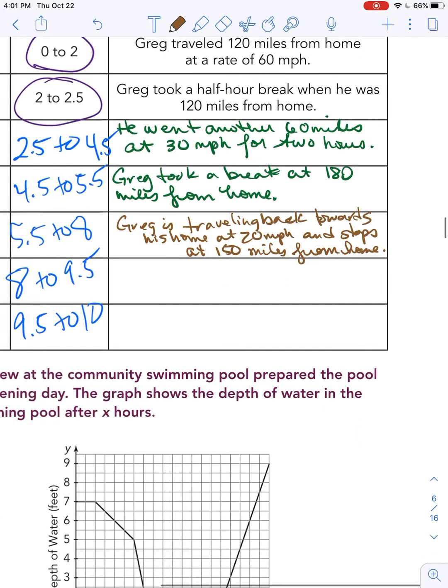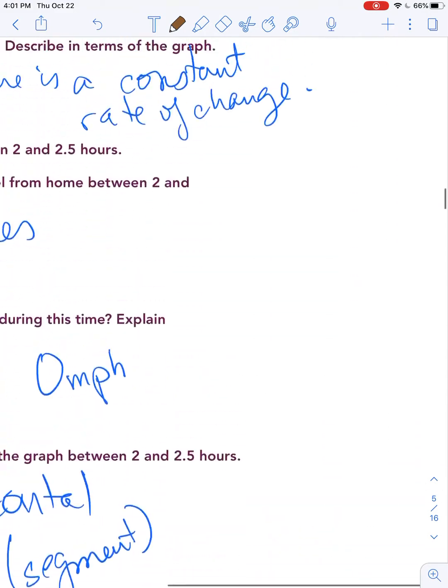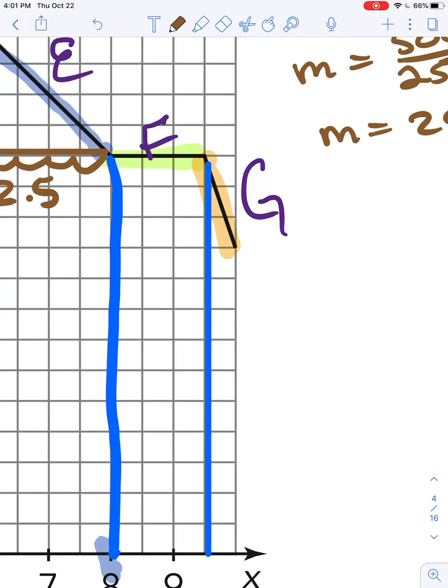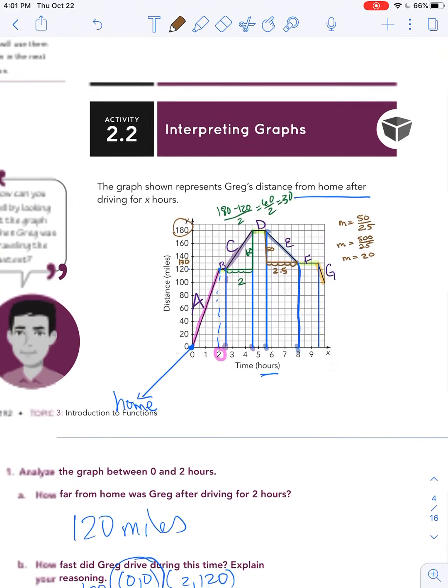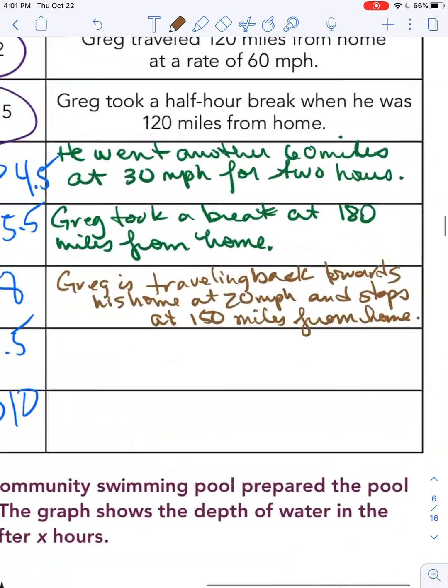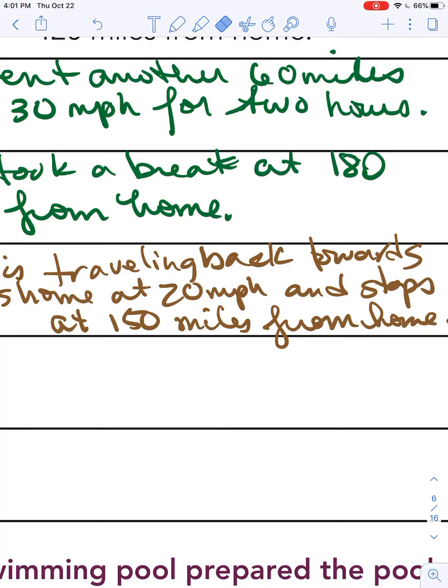Okay? And then 8 to 9.5. Isn't he staying still? At F, he just stood still, didn't he? Okay, so at 150 miles, oh, it's not 150 miles, it's 130 miles. Sorry about that, guys.